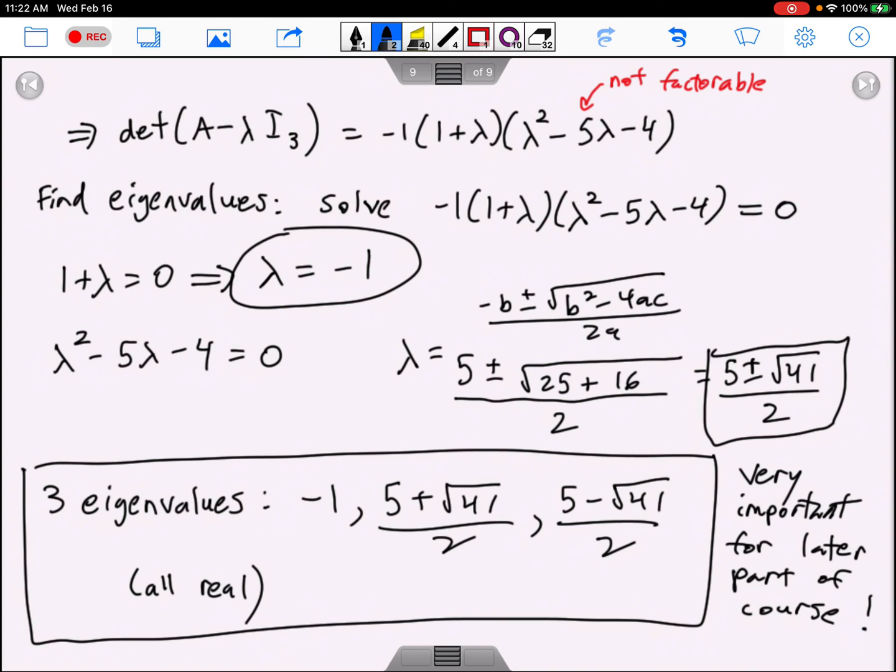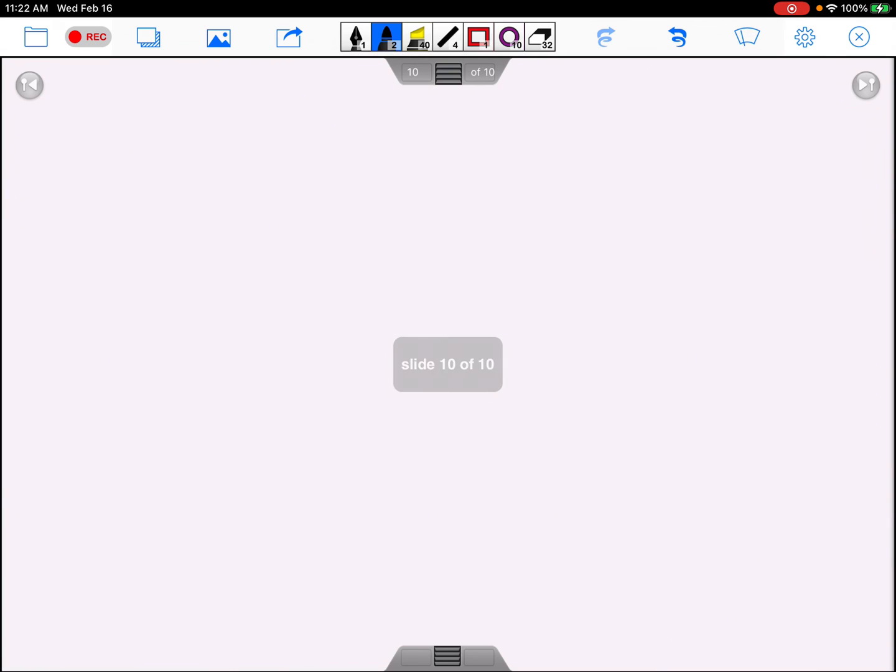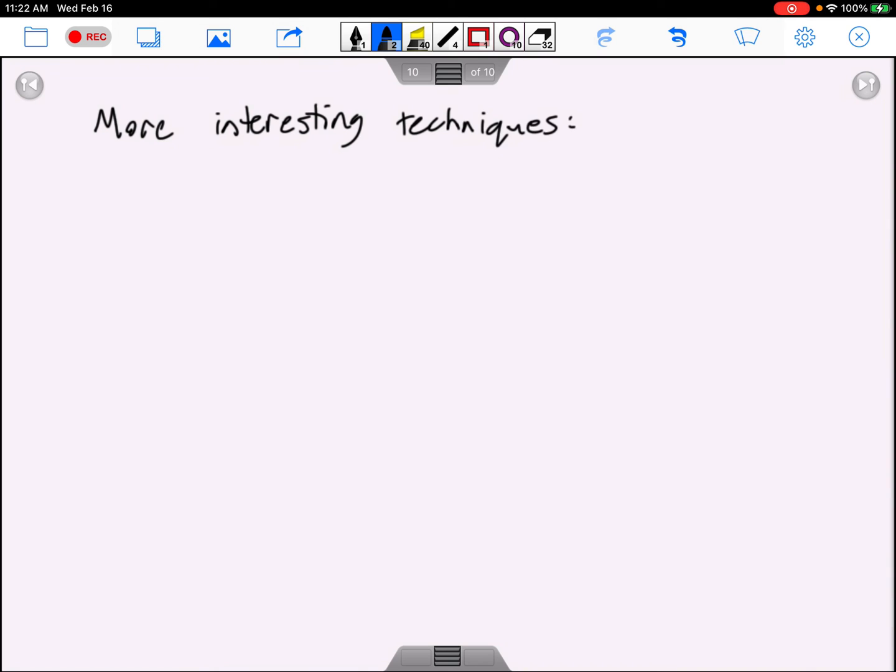All right, so we're not quite done here, but we're going to learn a few other cool things regarding the determinant. So let me just see more interesting techniques. So we have another definition here.